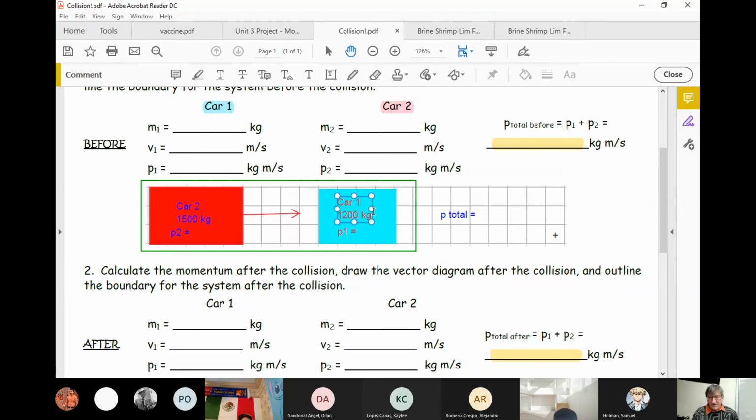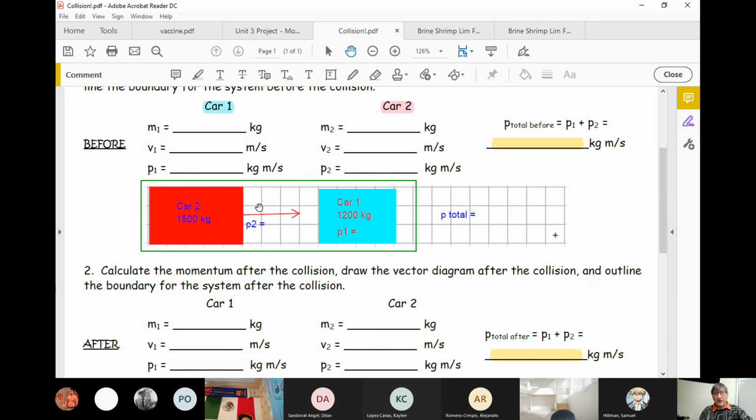So this is what your first vector diagram should look like, except that you need to have these numbers filled in, right? Everything's labeled. Really, a good place to put this one would be right there, with the actual arrow showing that momentum. But it's okay if you put it with the car, that works too.